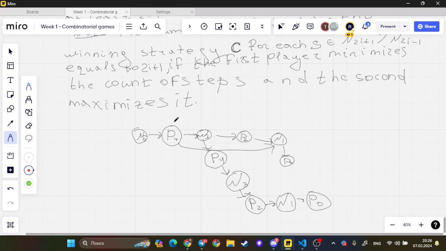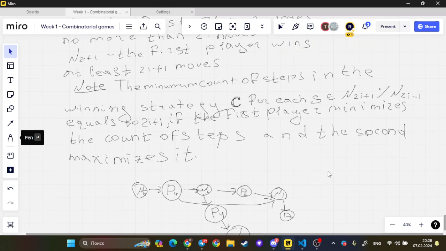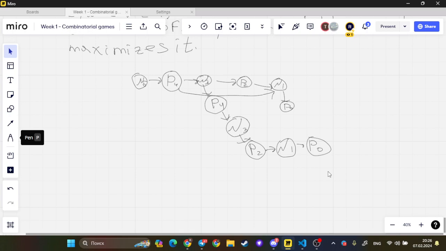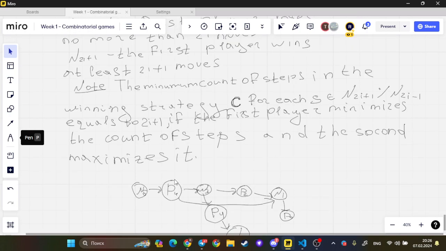So we can get this graph, but with the winning strategy defined like this. If we are located in some vertex, we can minimize the count, and the second player must maximize it.